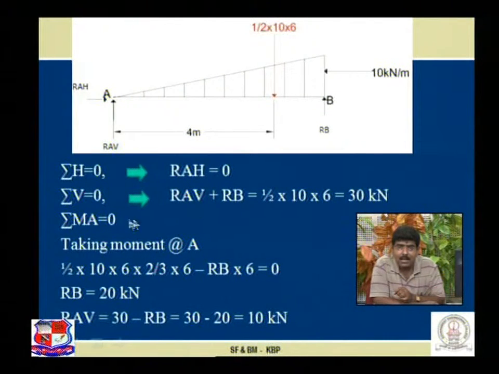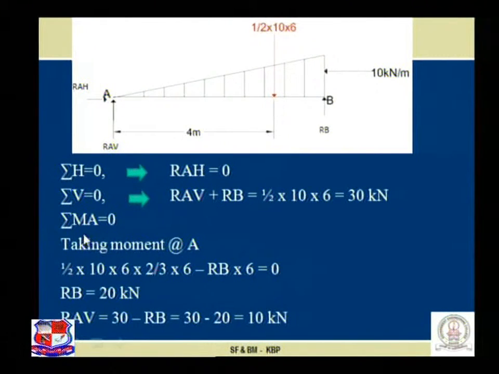So this equilibrium condition gives us an equation having two unknowns, RAV plus RB is equal to 30. Our intention is to find these two unknowns by using the third equilibrium condition, sigma M at any point is equal to 0.